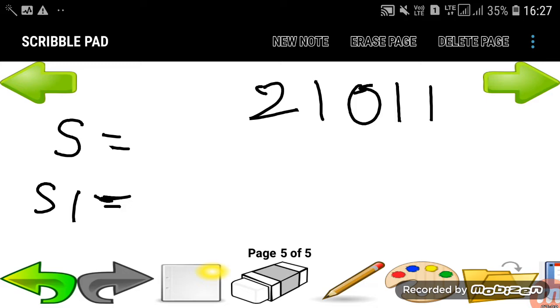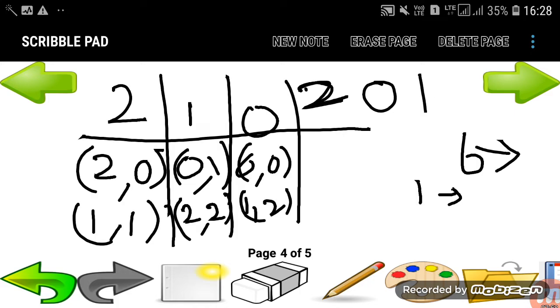Now since the first digit is always 2, we can safely put 1 and 1 here, because neither of them affects the minimum possibility. Okay, both are equalized now. Now when we are going to 1 here, what are the possible ways in which we can take 1? Let's go back and see. It's 0 comma 1 and 2 comma 2.